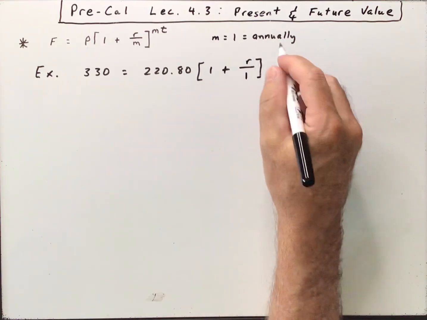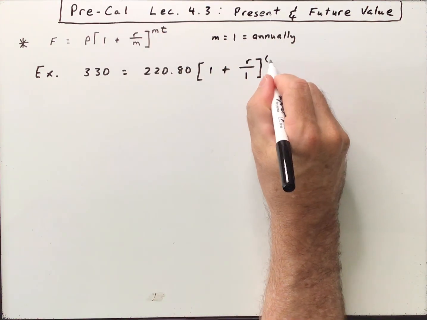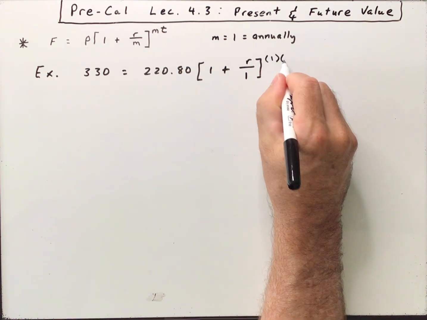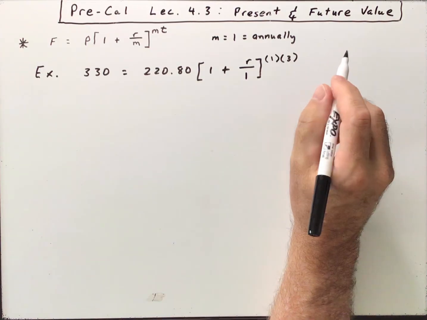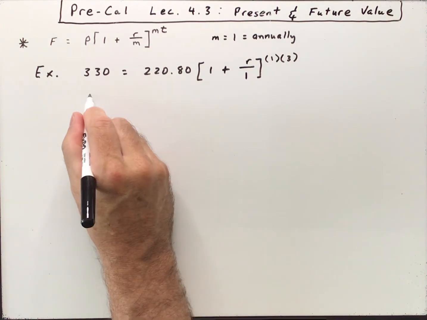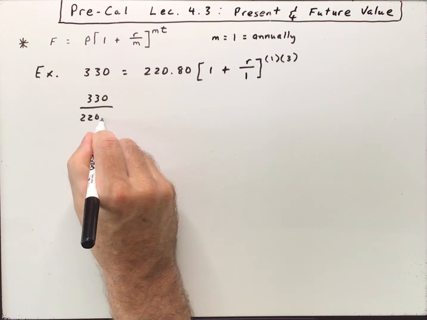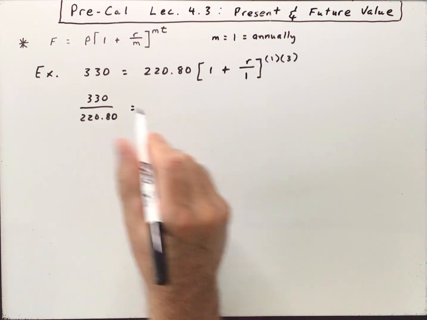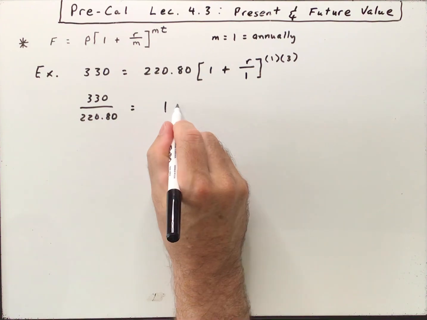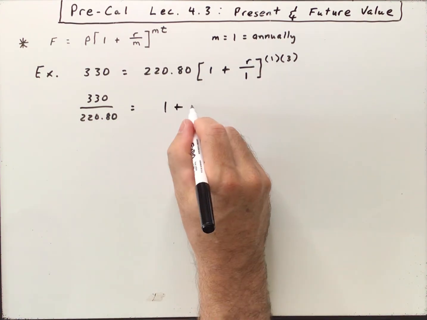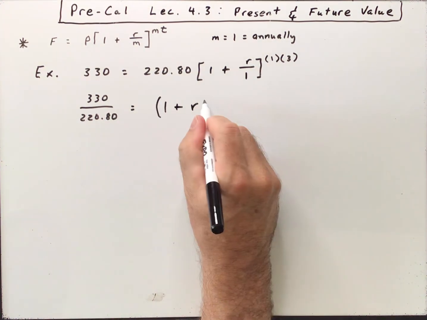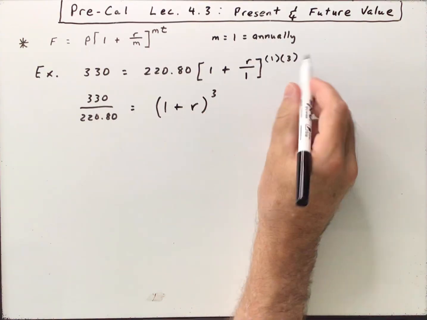And then it's 3 years, so M times T. M is 1, and the number of years is 3. So let's bring that 220.80 underneath. And that's going to be equal to 1 plus R over 1, which is just R, right? So 1 plus R cubed.